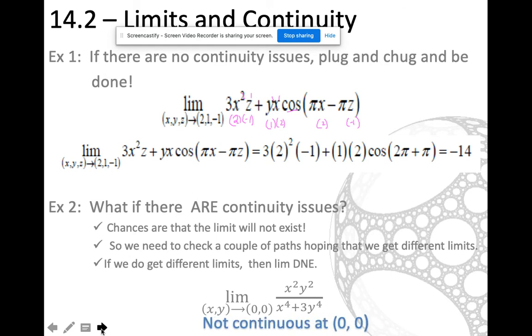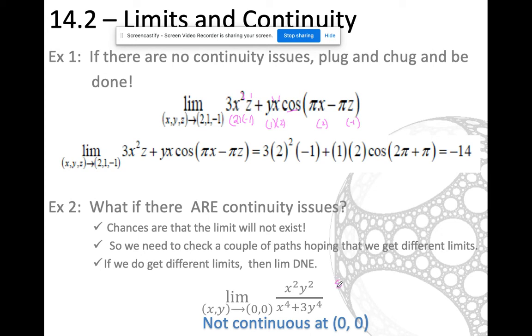So the first thing I notice is they're asking me for the limit as I go to 0, 0, the origin. And I look at that expression, I see division, and I see, hey, I can't divide by 0. What makes the denominator equal to 0? It's 0, 0. And not only that, but the numerator is also 0. So I get 0 over 0.